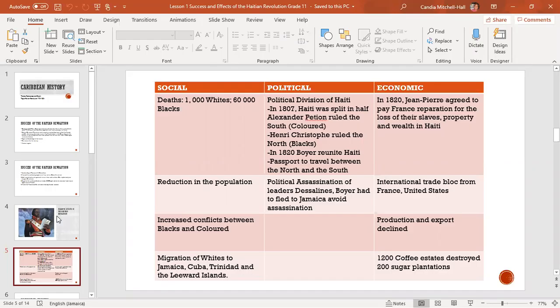So Haiti had to pay France for the loss of their slaves, and for the loss of their property and their wealth. They had to pay for their freedom, financial freedom.